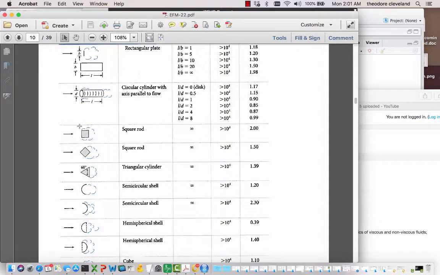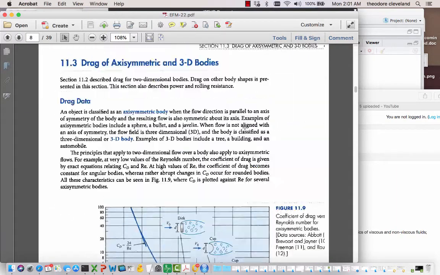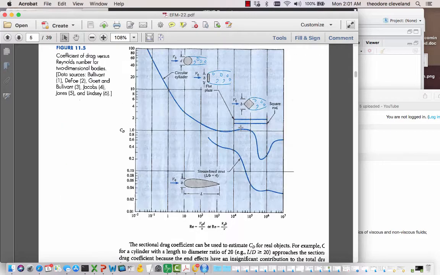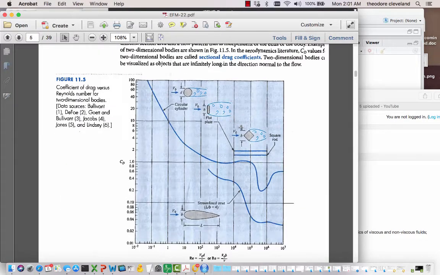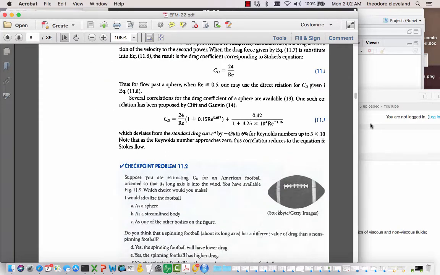There we go. My bridge pier is a square rod, drag coefficient of 2. The other way to do it would be to use the flat plate. Now, whether you want to use a square bridge pier or circular one would probably be more common in actual practice, but we'll pretend it's a rectangular bridge pier. Everything else is rectangular. So that's our drag coefficient.